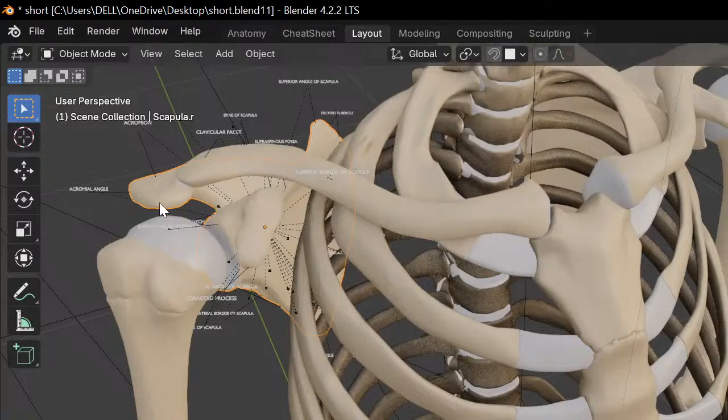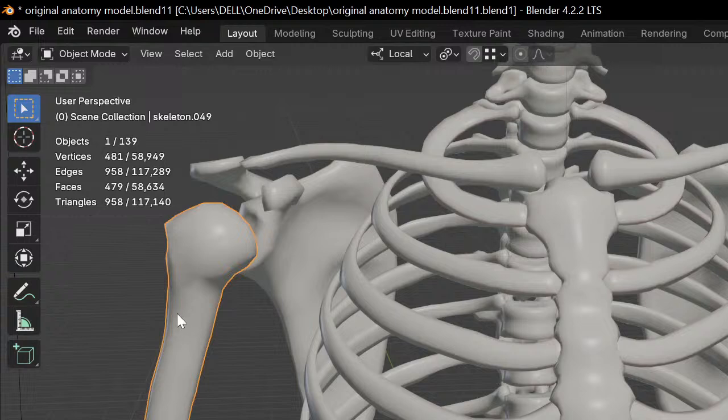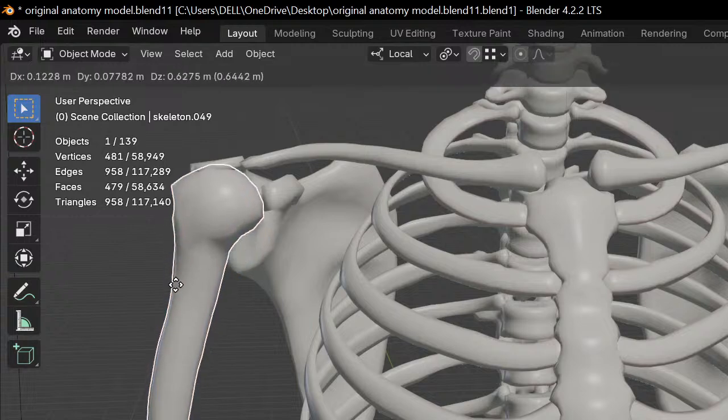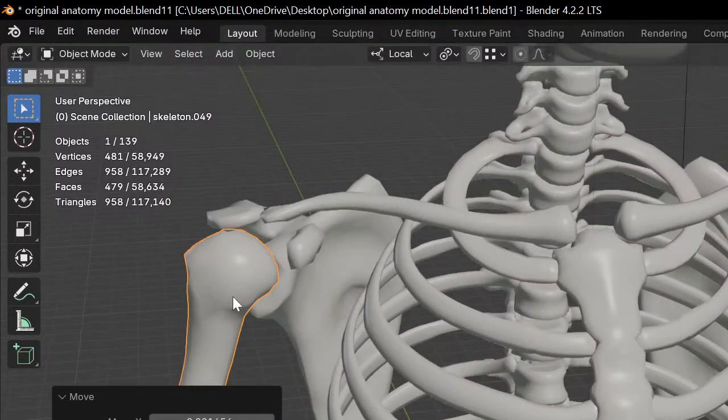Now, if there's a force trying to push this humerus upwards, let's go back to the less detailed model, we'll see that there will be a sort of resistance at this point, which means upward or superior dislocation of the shoulder is not as common as inferior dislocation.